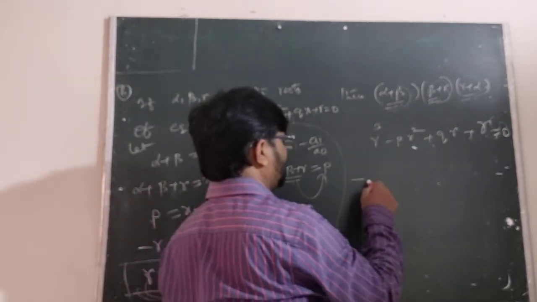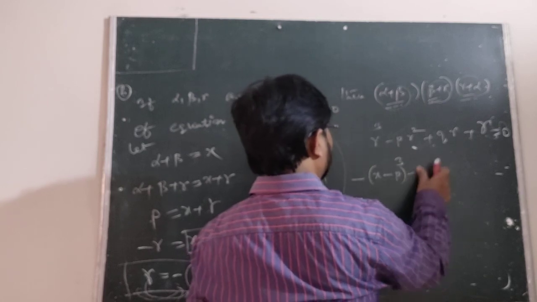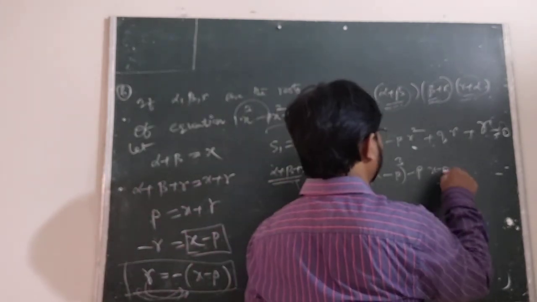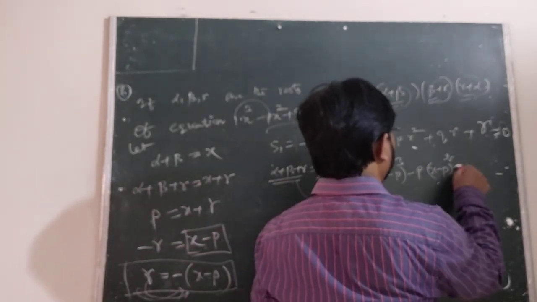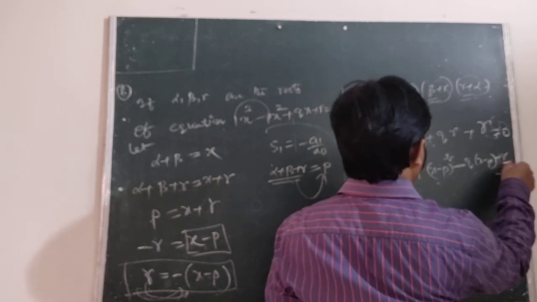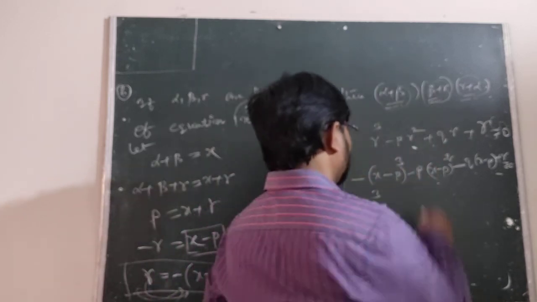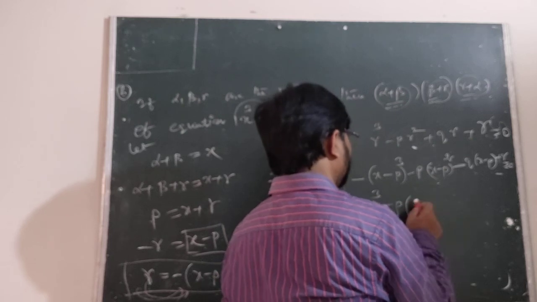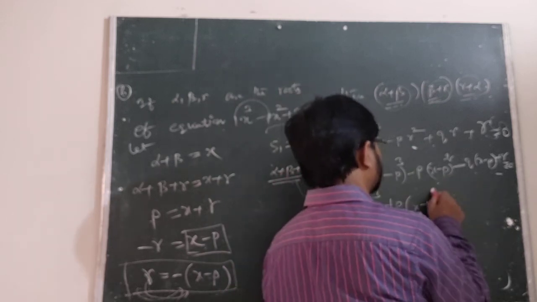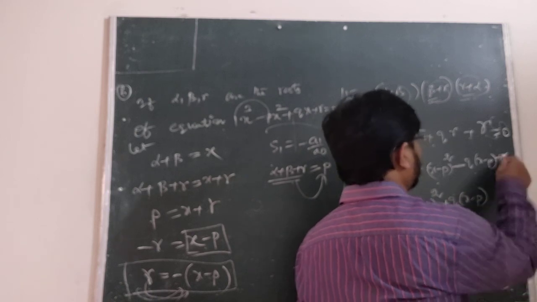Minus cubed gives minus of (x minus p) whole cube, minus p times (x minus p) whole square, minus q into (x minus p), plus r equal to 0. Now multiply by minus: (x minus p) whole cube plus p (x minus p) whole square plus q (x minus p) minus r equal to 0.